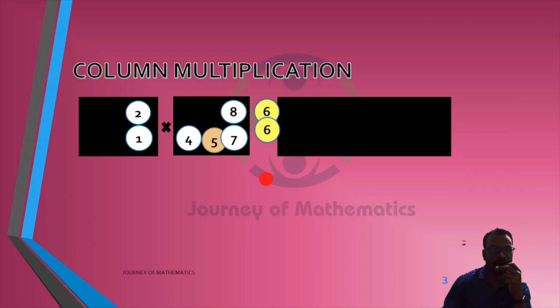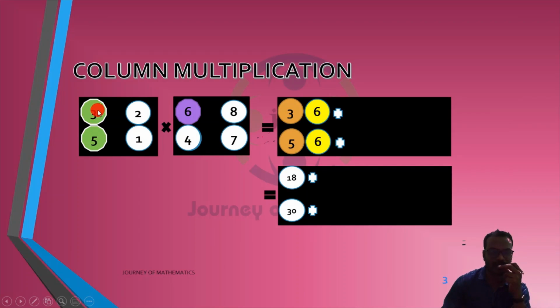Here I have taken the first column of the first matrix into the first element of the first column in the second matrix. That means 3 should be multiplied with 6, 5 should be multiplied with 6. In this way you have to write. Next, plus. Still one more element is left in the second matrix.